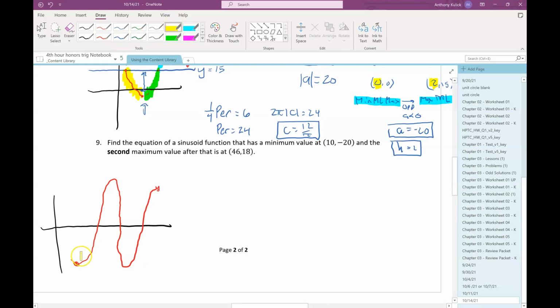So I know from minimum, the next minimum is 1 period, right? And then I know from that minimum back to a maximum is another half. So this is like 1.5 periods is going to equal the distance from 10 to 46.